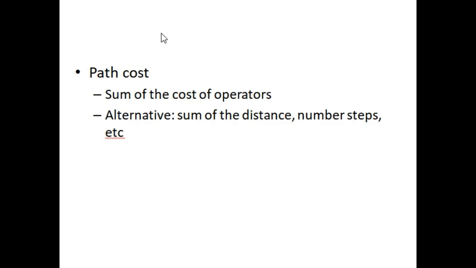So just look at another concept of path cost. What is the path cost? The sum of the cost of operators. So किस तरह से कि हम एक स्टेट से दूसरी स्टेट्स के दरमियान में जो हमने ऑपरेशन किया है, ऑपरेटर लगाया है that moves our agent from one state to another state. तो जो उसको कॉस्ट लगी है वो हम उसको सम करते जाते हैं तो वो हमारे पास पाथ की कॉस्ट बन जाती है. तो हर एक की जितनी भी इंटरमीडिएट स्टेट्स हैं सबको हम सम करते हैं.